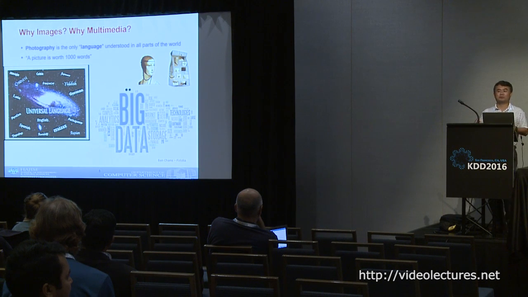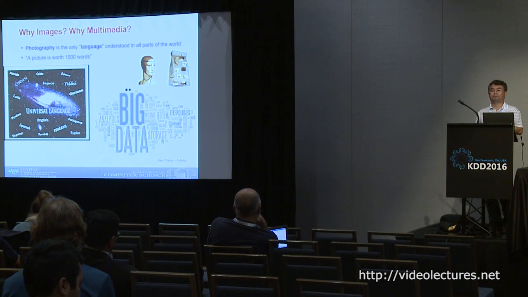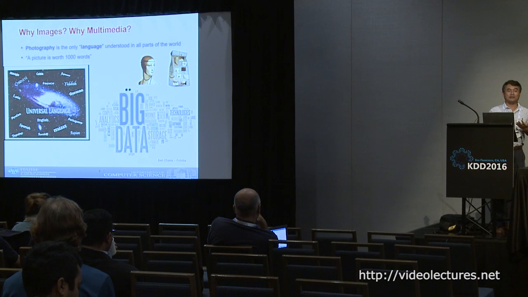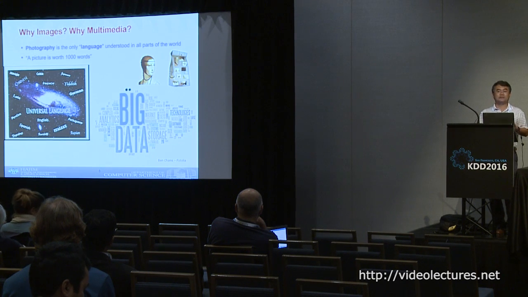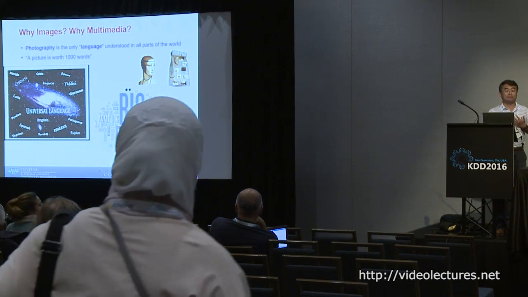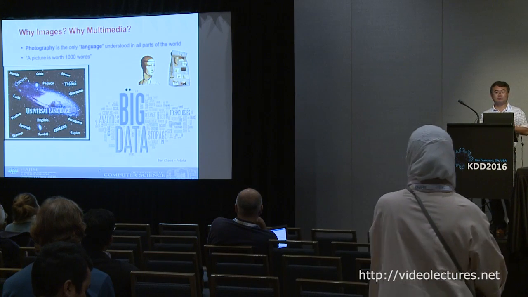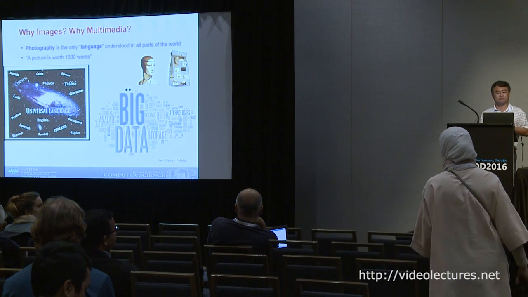So we are here to talk about what we can do with data, lots of data. So what's the biggest of big data? I would argue that's image data, because it takes so much bandwidth and storage to store or transmit image-related data. According to Cisco, today 70% of the internet traffic is consumed by visual data, images and videos.